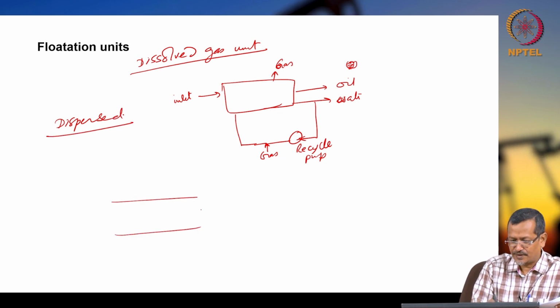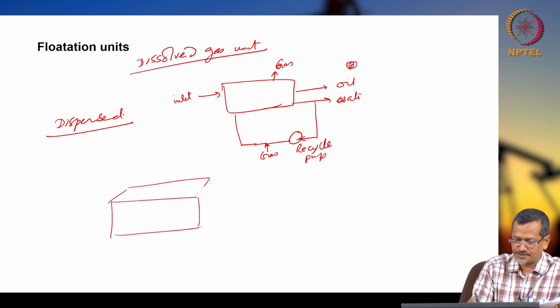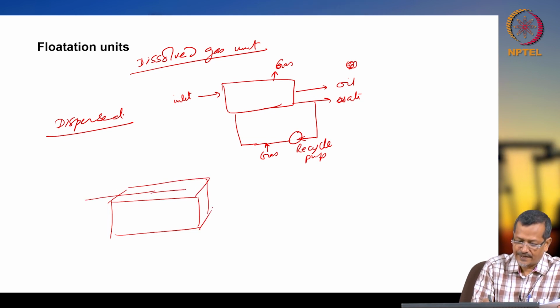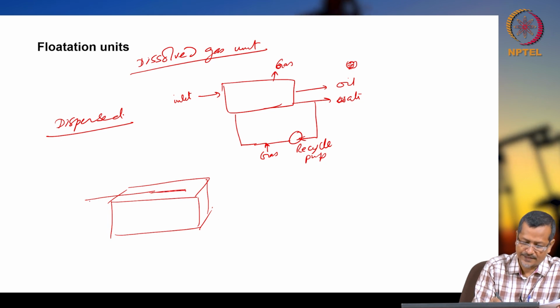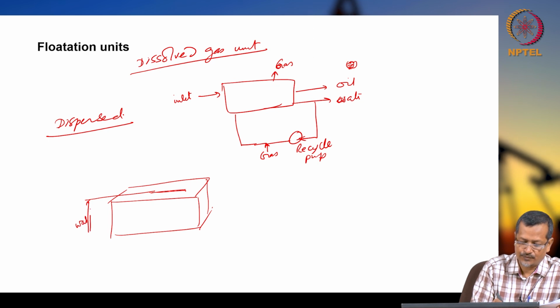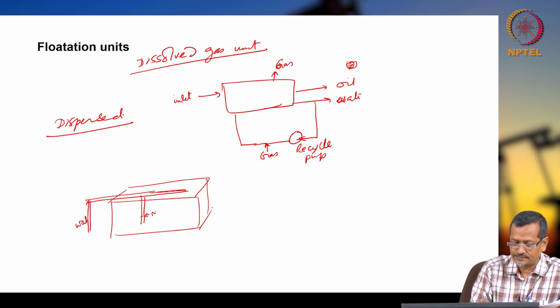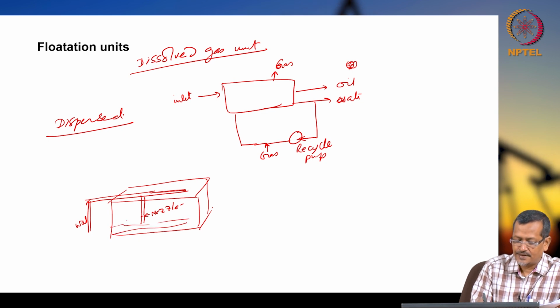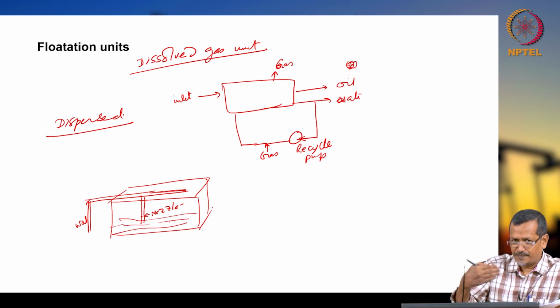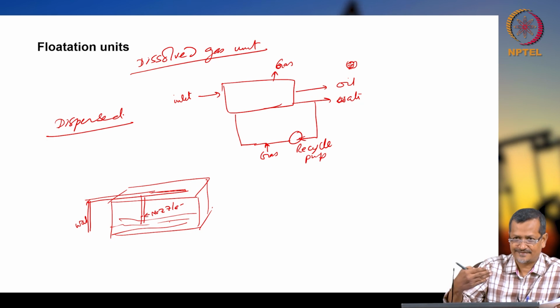You have one basic system here, and you give water. The water pipe goes through this, and you create a nozzle suction. Using the nozzle, you mix gas and water.